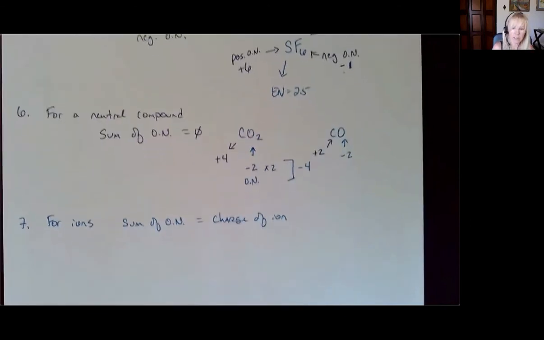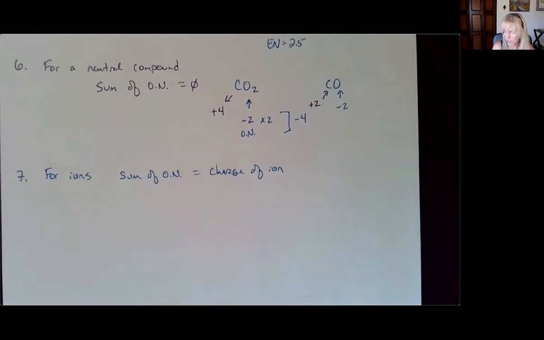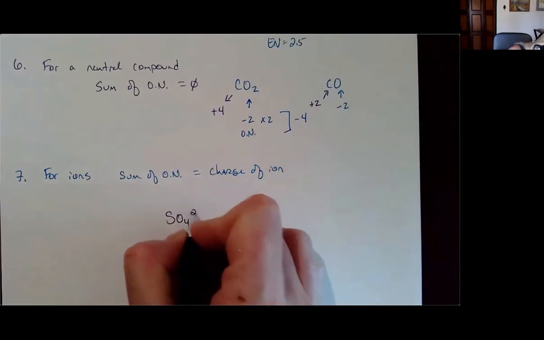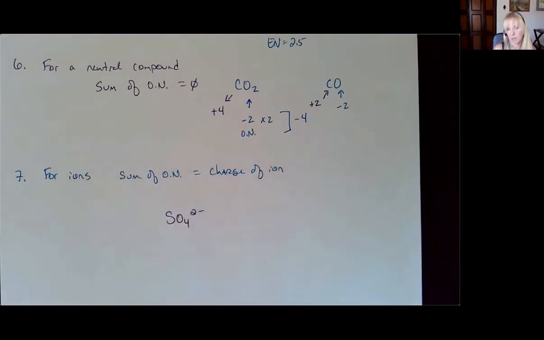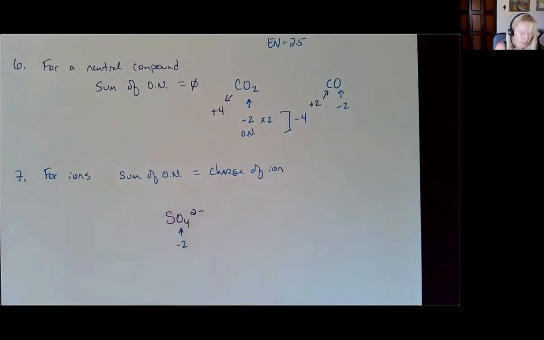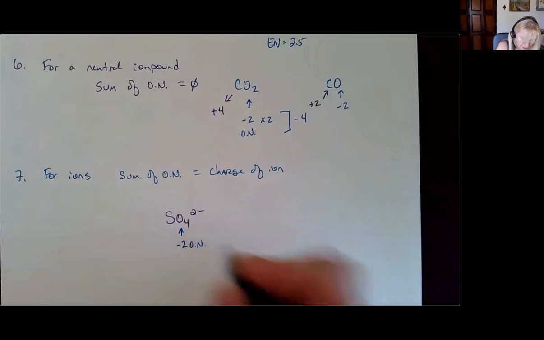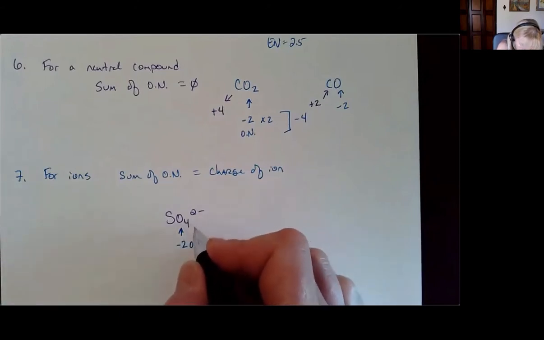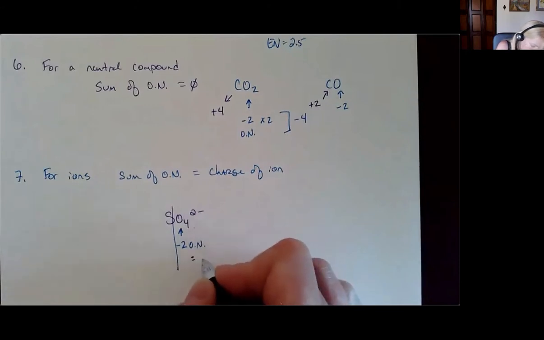So the sum of the oxidation numbers is going to equal the charge of the ion. And this is going to come into play with those polyatomic ions. So if I have something like SO4 2-, the sulfate polyatomic ion, each one of these oxygens is going to have a -2 oxidation number. There are 4 of them, so total coming from my oxygen here is going to be a -8.